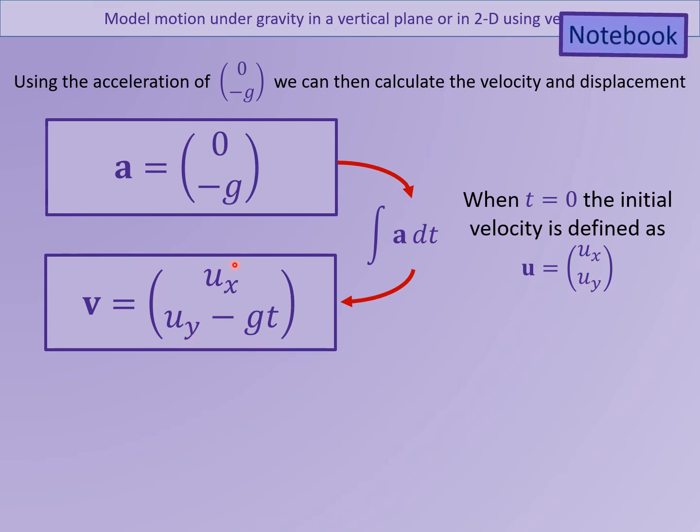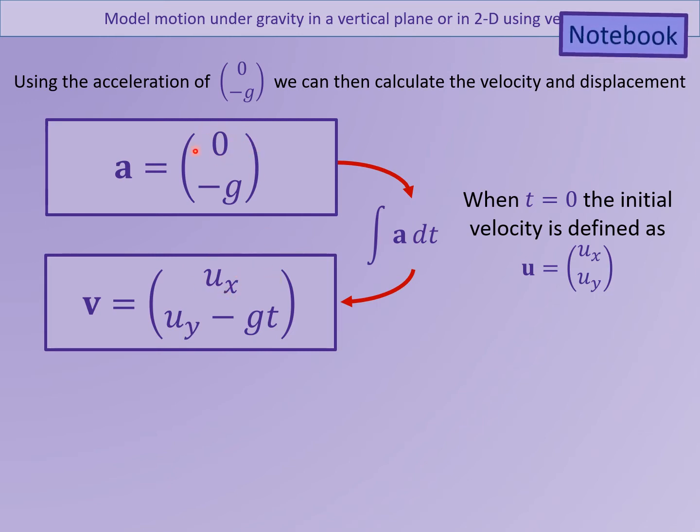Now the other option you might notice is that this is a Suvat equation. And we know that if we want to use Suvat, we have v equals u plus at. Now if you look at the top line, v equals initial velocity in the x direction plus acceleration times time.